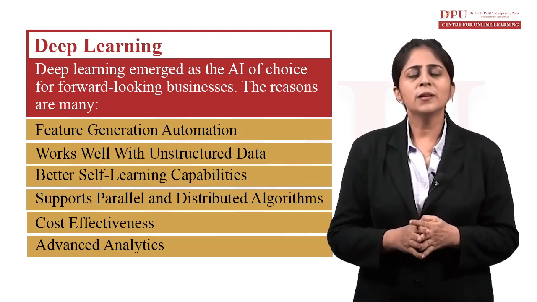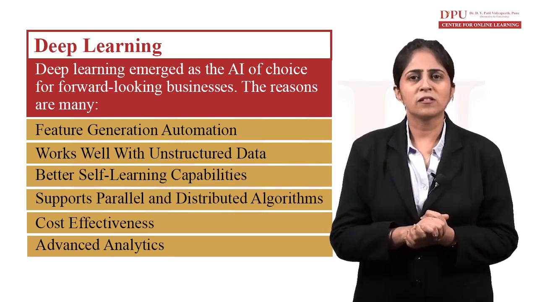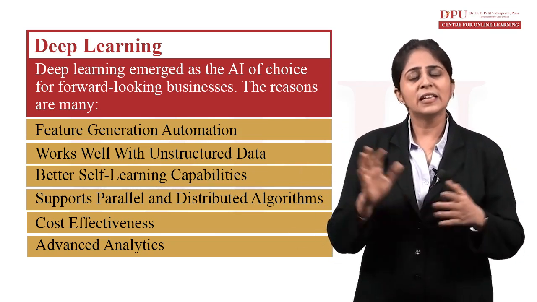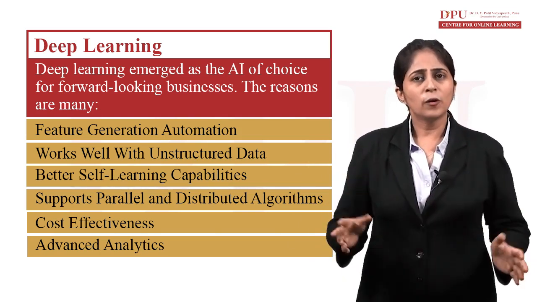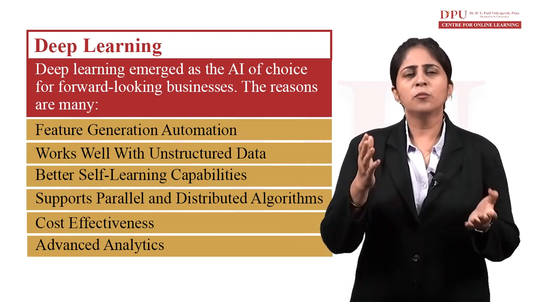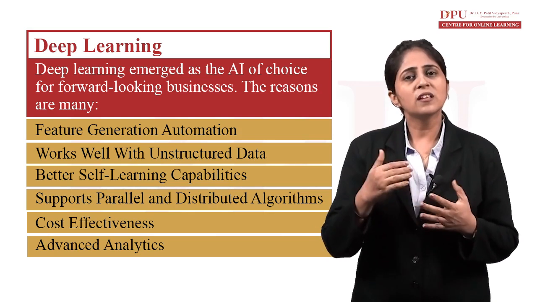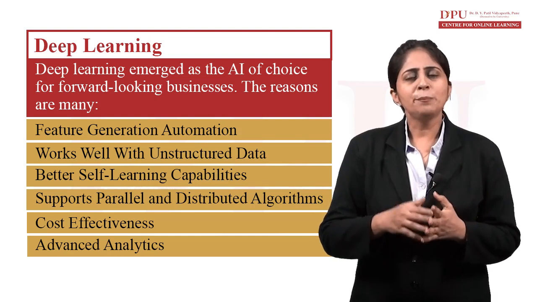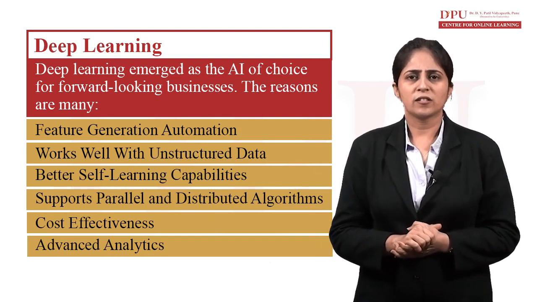Our deep learning algorithms today have the ability to learn unsupervised, which lets them continuously improve the accuracies and the results that they generate. Advanced analytics offers our data scientists more reliable and more concise analysis results. So this is another reason why we are using deep learning in forward-looking businesses nowadays.